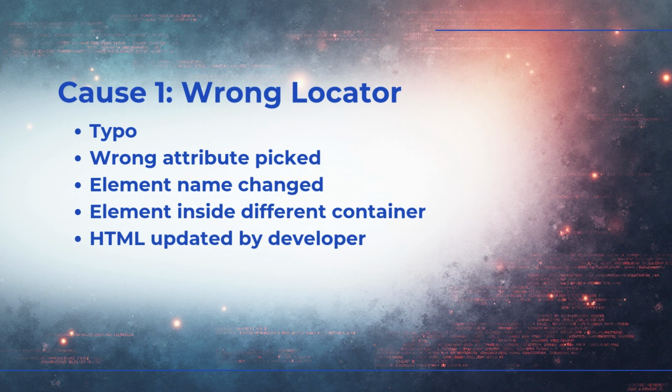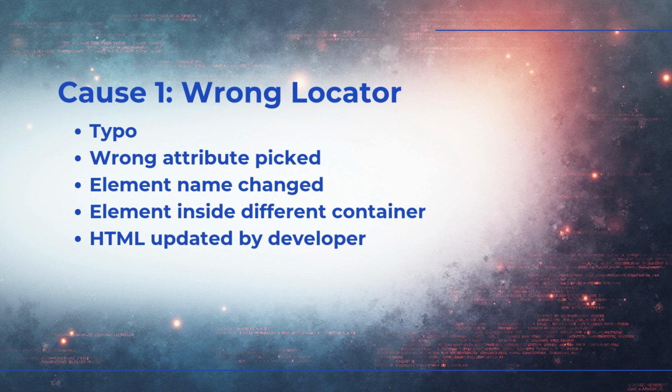Cause 1, wrong locator. The simplest and most common reason is using a locator that doesn't match the actual element. This could happen because you typed the wrong ID, you assumed the locator without checking, the developer changed the HTML structure, you are pointing to the wrong element in a similar group, or the element's attribute doesn't exist anymore.